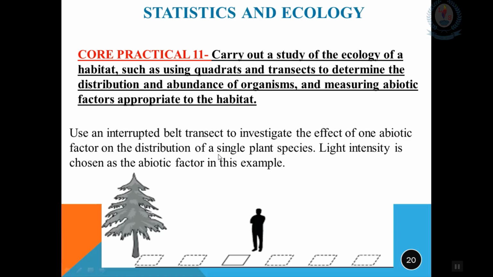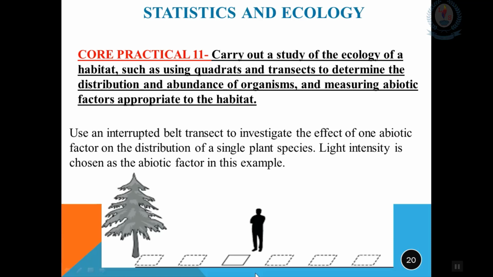We have to lay a 20-meter tape as a transect line with the 0-meter mark in full shade and the 20-meter mark in full light. Then we walk along the transect and decide whether we are going to pursue a percentage cover or just a count of the organism.